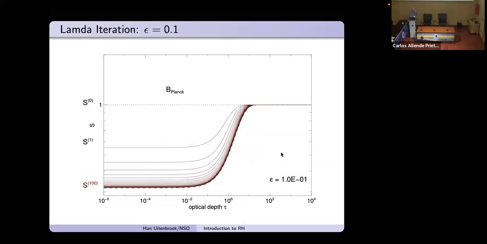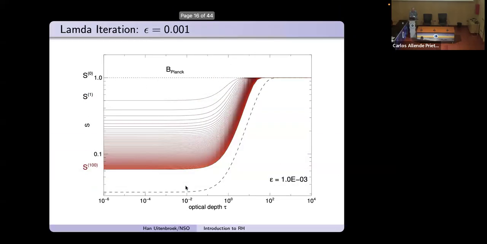This is the case for epsilon of 0.1. And you see that we already need about 100 iterations to get close to the actual solution, which is given here in the dashed line. If epsilon gets really small, even 100 iterations doesn't get us close.